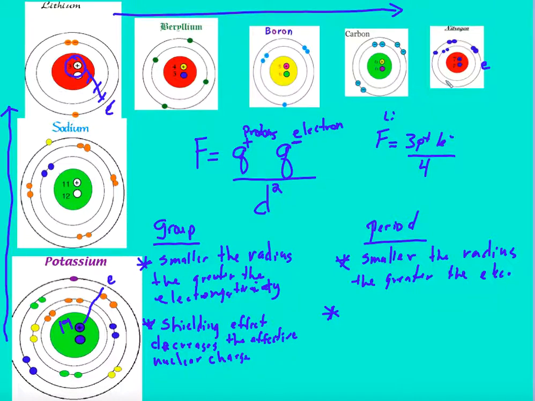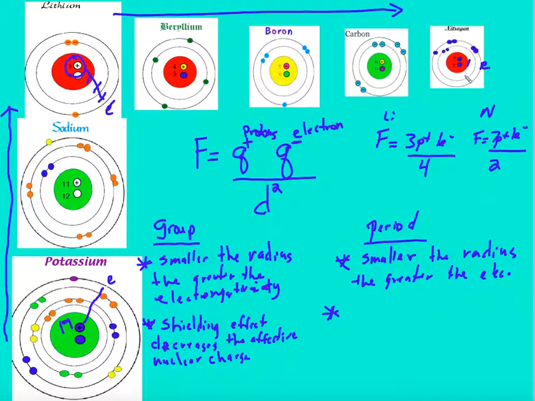And if we compare that to nitrogen, the force of attraction would be equal to 7 protons times the 1 electron that we're trying to attract, divided by the distance. It's kind of hard to measure, and I'm just making these values up, but we'll just say 2 units.